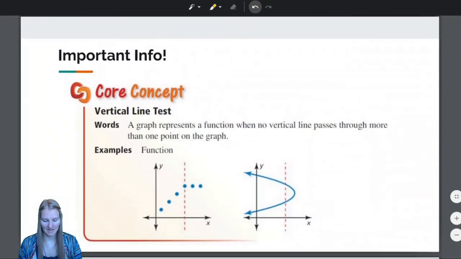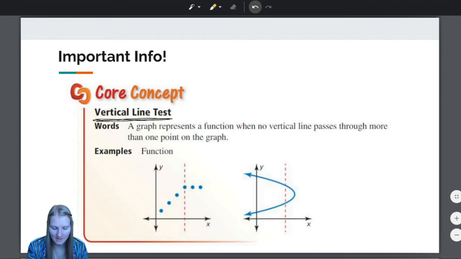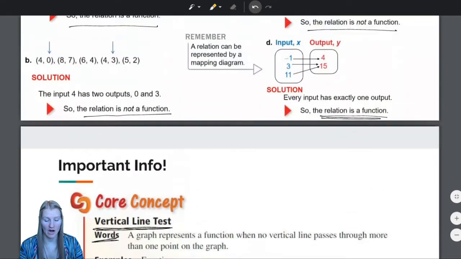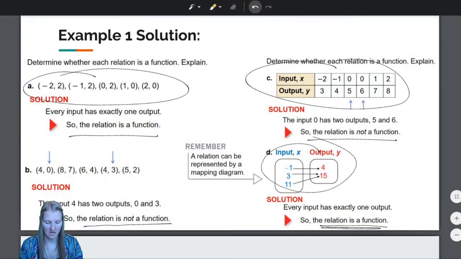All right, next thing we're going to talk about today is the vertical line test. And we'll talk more about why this works later. But for now, the vertical line test in words means a graph. So now we're talking about graphs. Before we looked at points, tables, and diagrams.